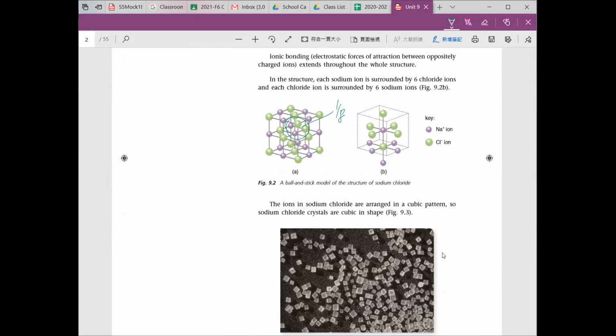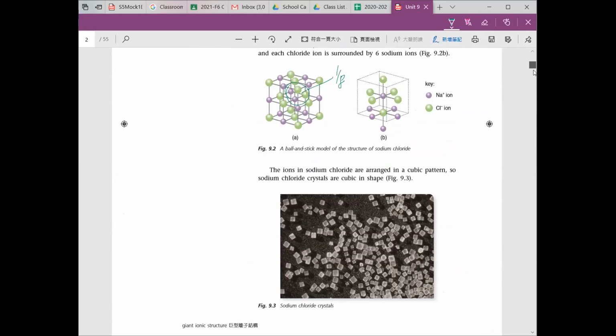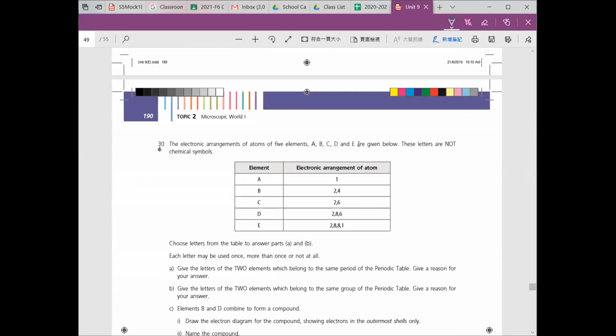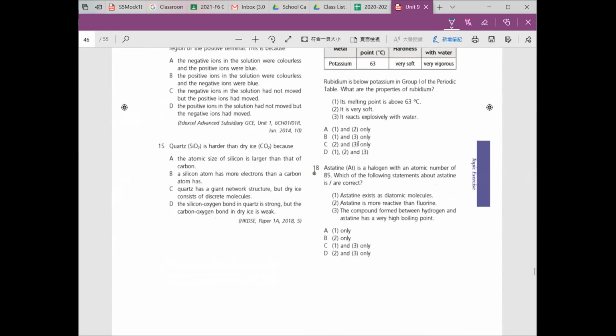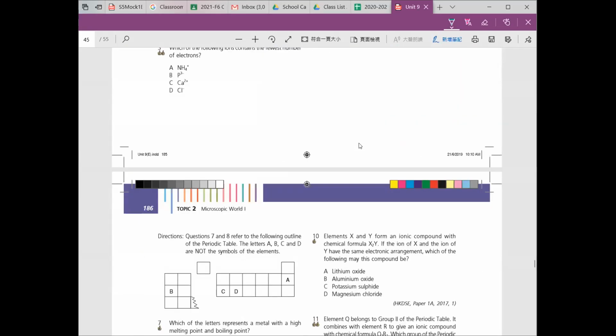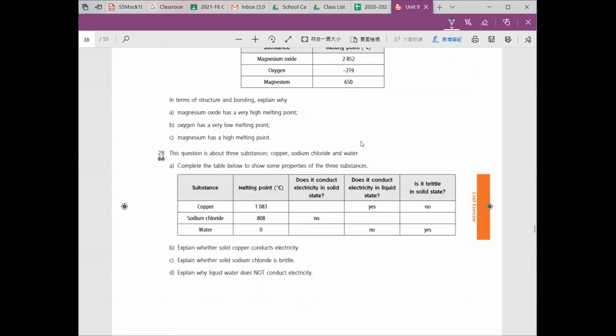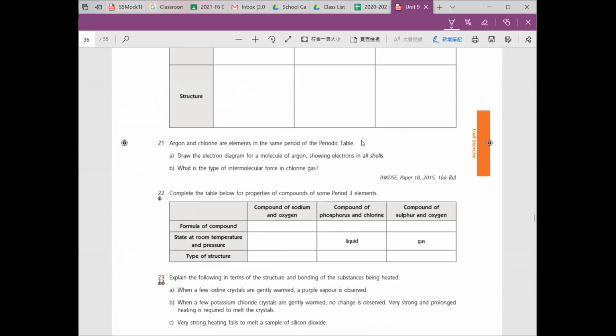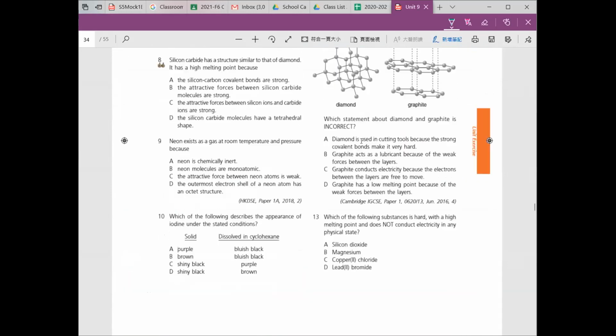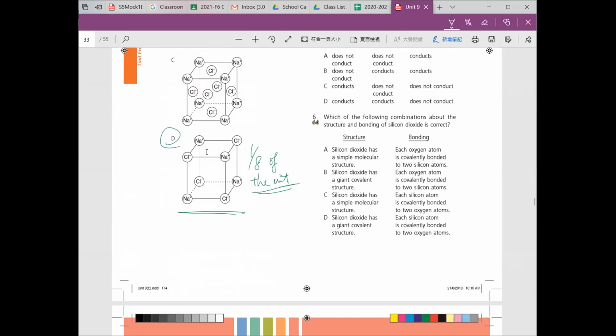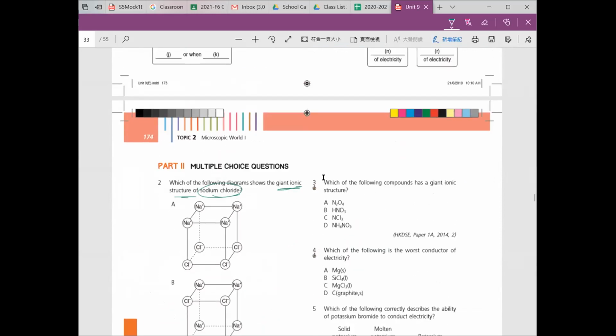If you don't know anything about this, don't worry, as long as you check the arrangement of ions, which are placed in an alternating manner. Opposite charge ions are placed alternately. You may see sodium ion, chloride ion, sodium ion, chloride ion. They are put one by one. So the answer is D.